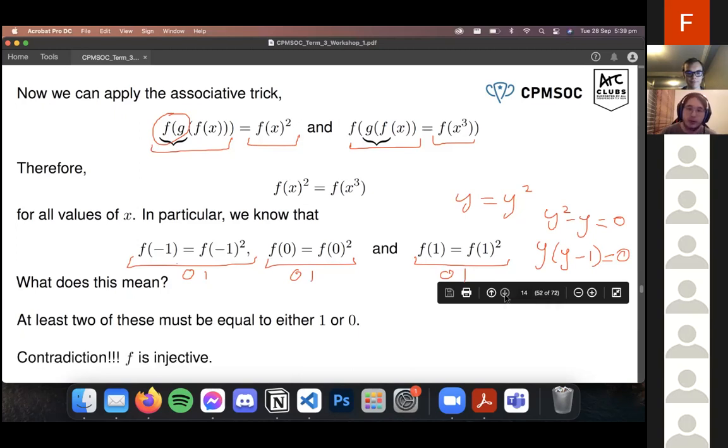So we've contradicted our injectivity assumption, which means that starting from the assumptions we were given in the question, g of f is equal to x squared and f of g is equal to x cubed, assuming that they existed and going from there, we ended up with a contradiction, which means, in fact, no such function can exist. So we've just proved no such function can exist.